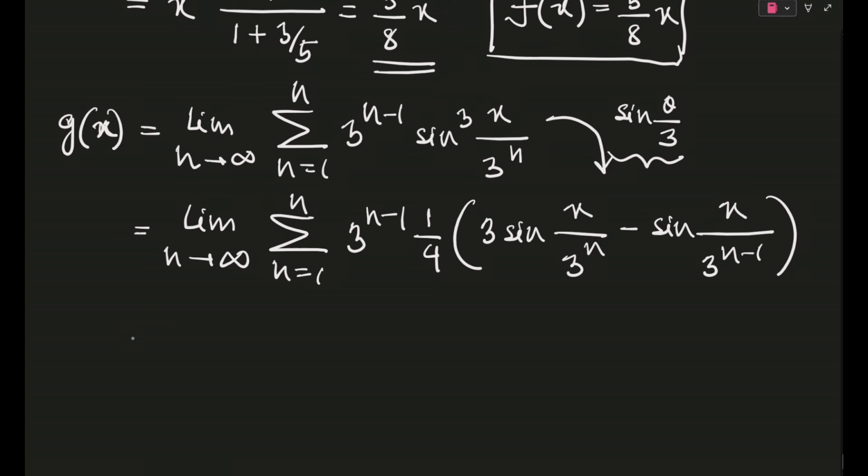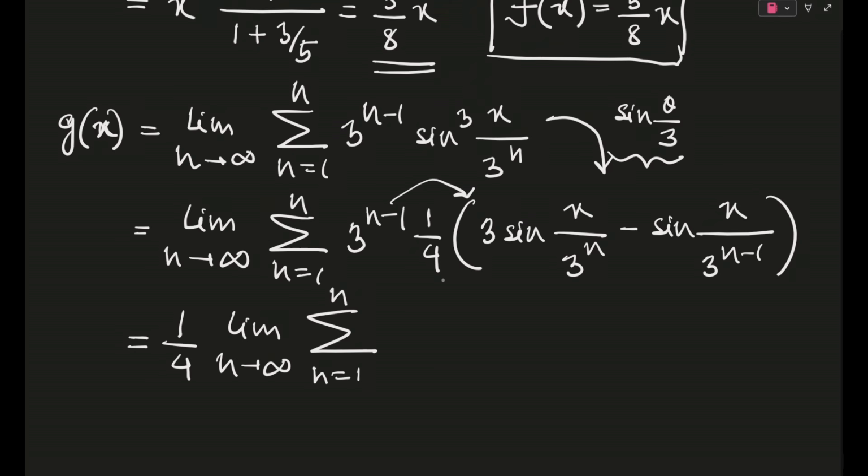I hope this is clear. After this, we will pull out the 1 by 4. Limit n tending to infinity, sigma n equals 1 to n. Let's multiply this 3 power n minus 1 inside the bracket.